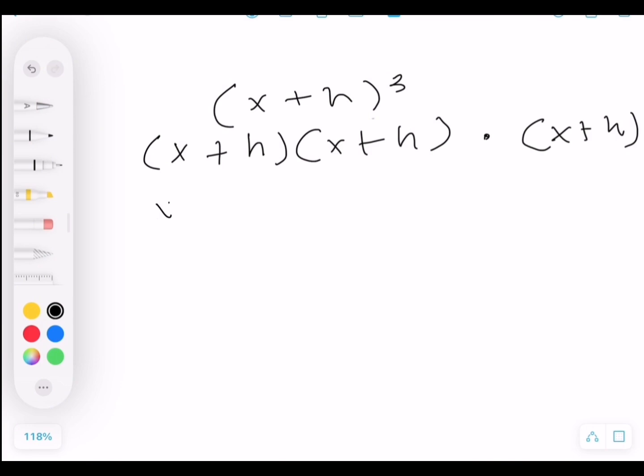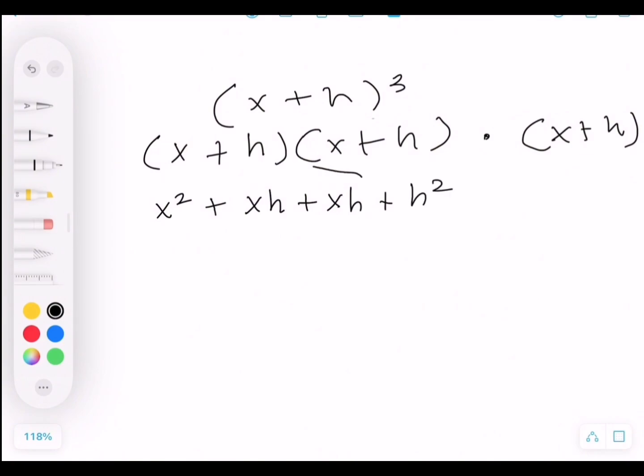So first you have x squared, plus outer you have xh, and inner you have also xh, plus h times h, you will get h squared.